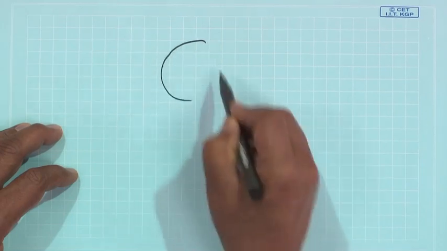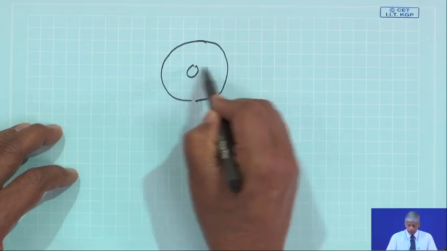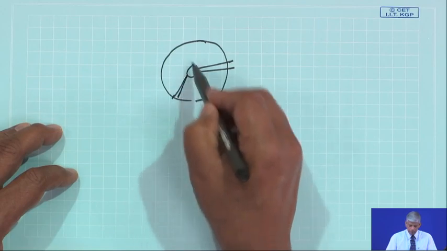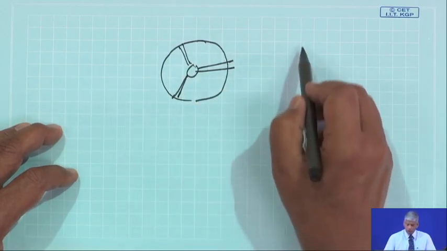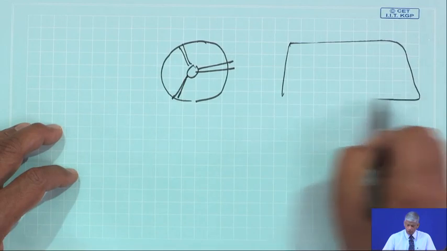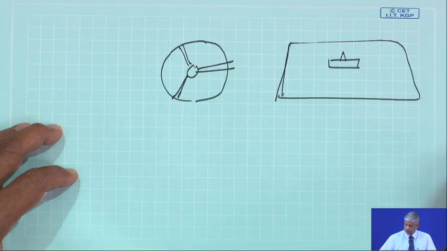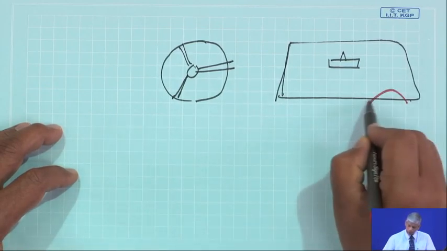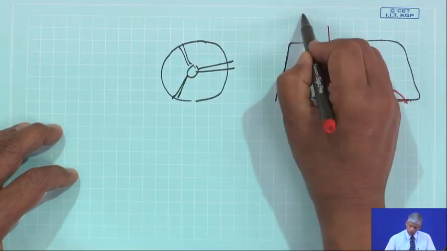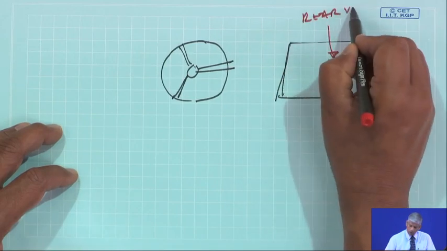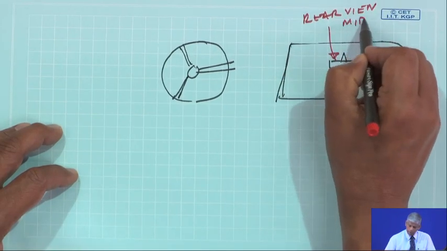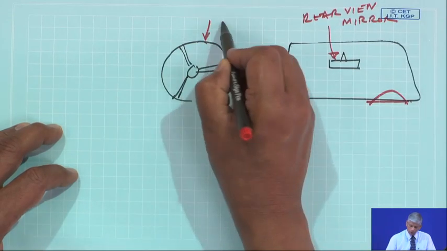But even I must tell you, if you are making, designing or developing a product, like for example, the steering wheel of an automobile, or even the rear view mirror which is being put in an automobile, this is your rear view mirror, this is your steering wheel.